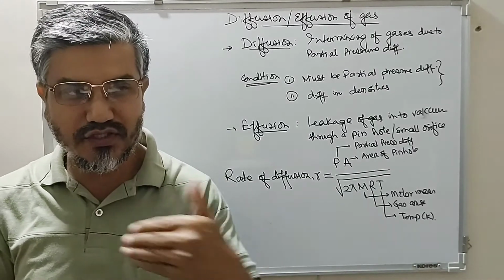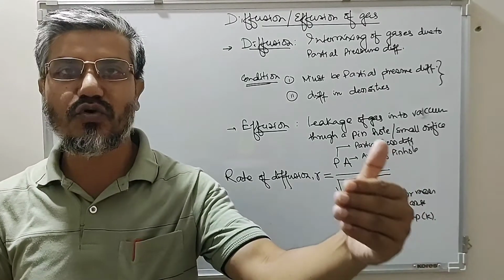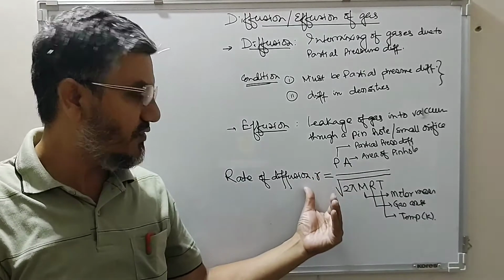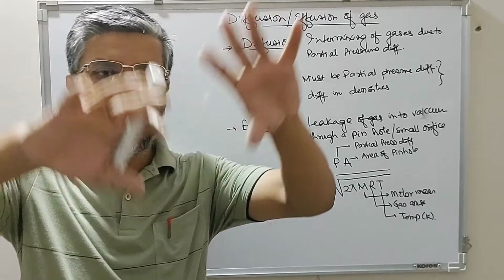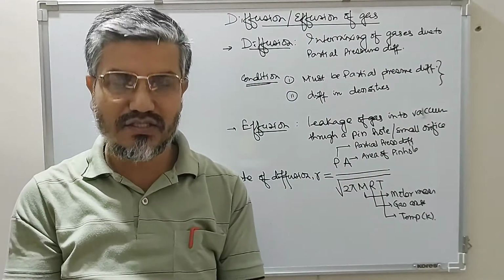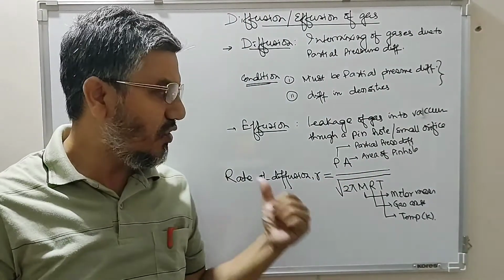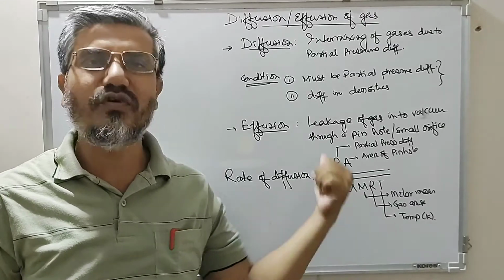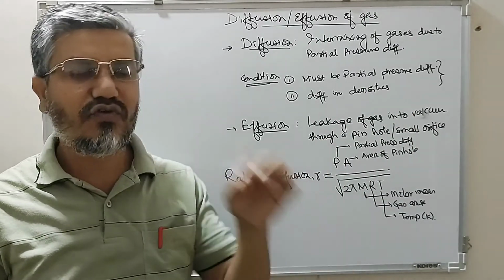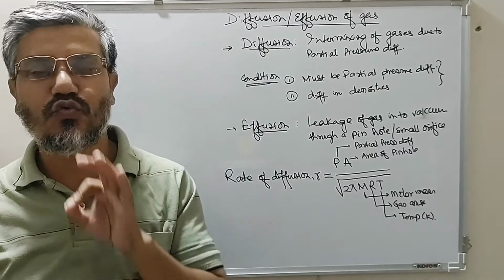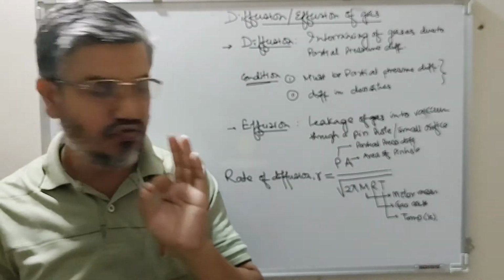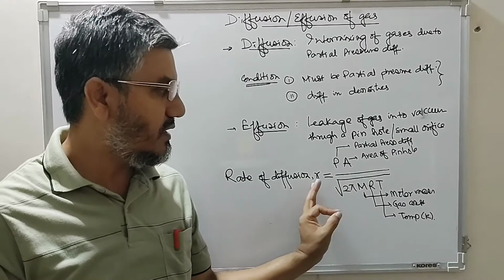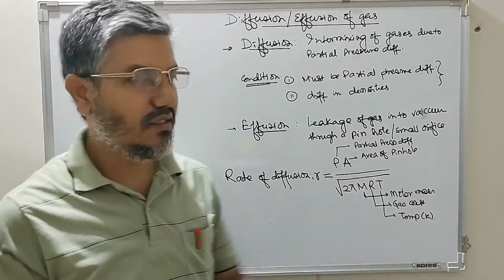As the number of molecules passing through this small pinhole is less, the rate of effusion or diffusion will be less. If the area of opening is large, then on increasing temperature, the rate will increase. We are discussing a very small pinhole through which the gas molecule is to pass. So this is the rate and its dependence.